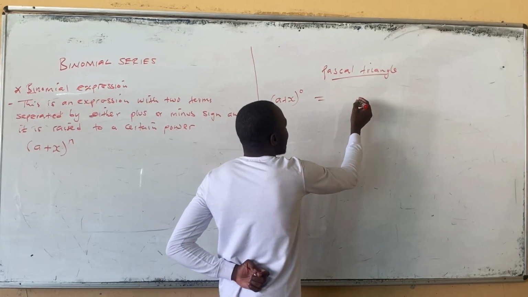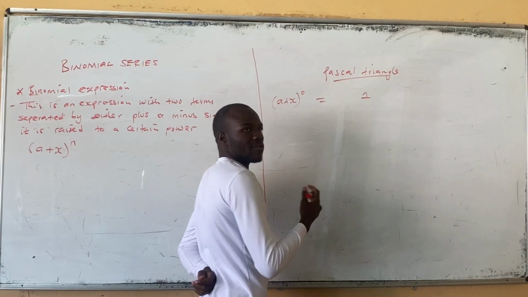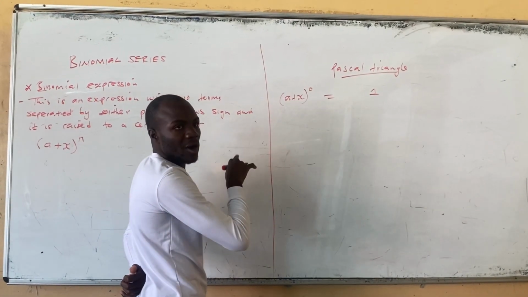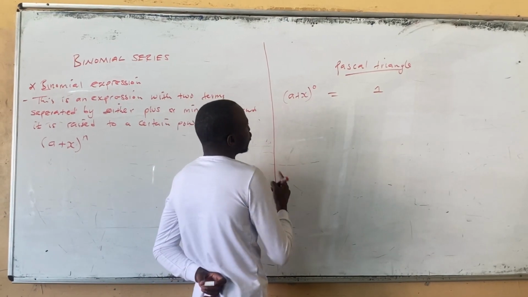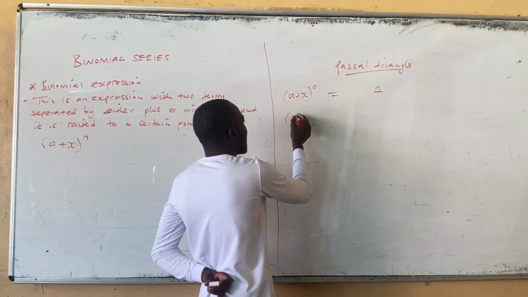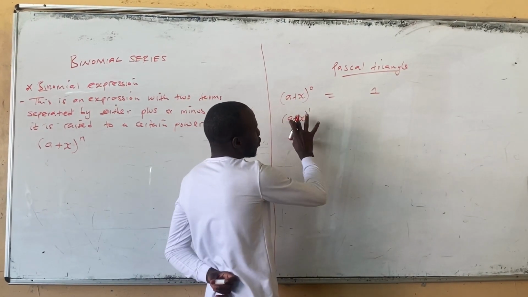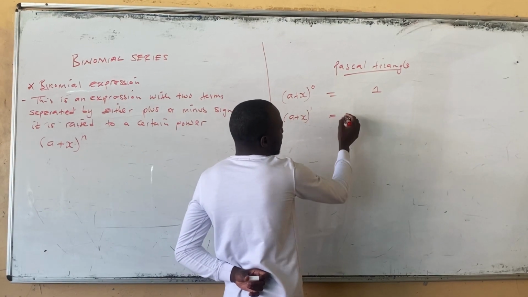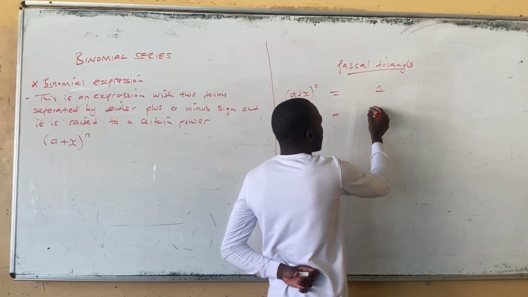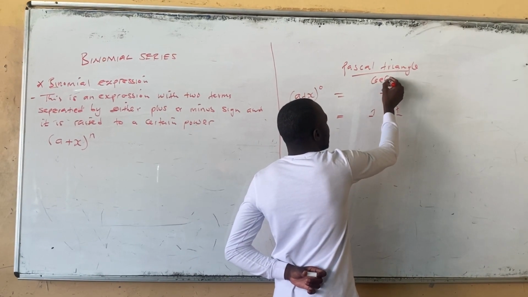The coefficient which you get there is just 1. Remember, anything raised to the power 0, the answer is 1. Here I'm not looking at the expansion, but we are basically looking at the coefficients. So these are coefficients.